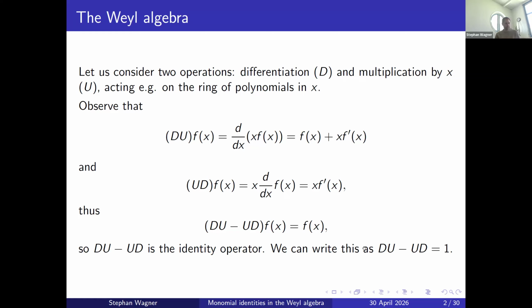And that's really the defining property of the Weyl algebra from an abstract point of view. But if you don't want to talk about abstract algebras, for the rest of this talk you will be absolutely fine by just thinking of d as differentiation and u as multiplication by x, and no abstract algebra is required at all.